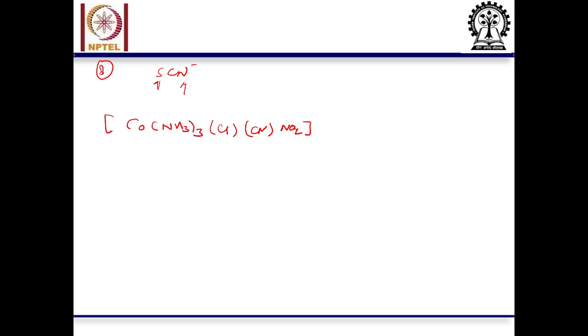I haven't come across CN minus written as cyanide in the IUPAC name of a coordination compound. In general people can say that, but in the IUPAC name it is cyano.